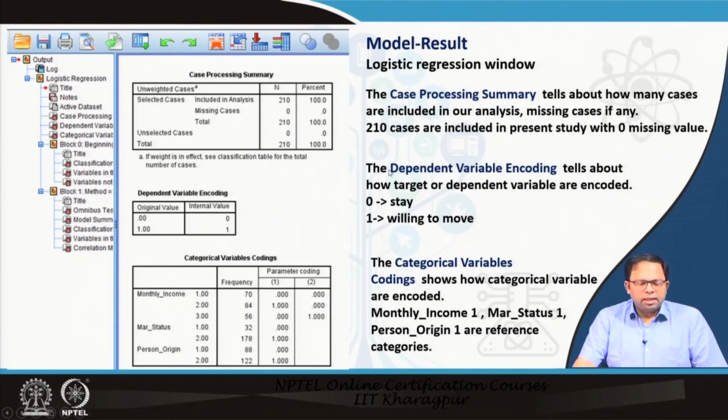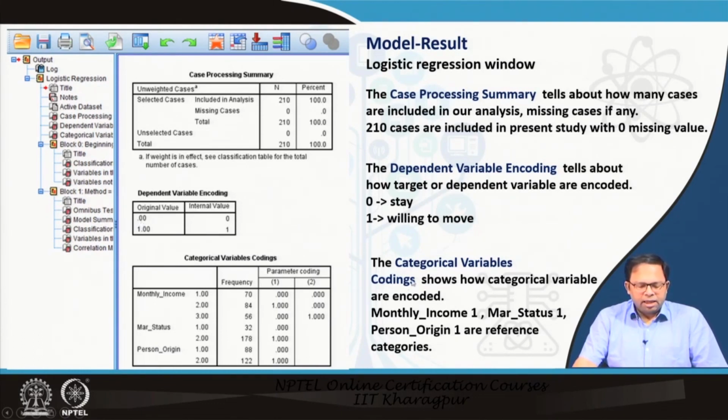Then the dependent variable: here we can see how it is encoded. For example, 0 is for stay and 1 is willing to move. The original value 0 and 1 is coded as 0 and 1 in the model, as explained earlier.